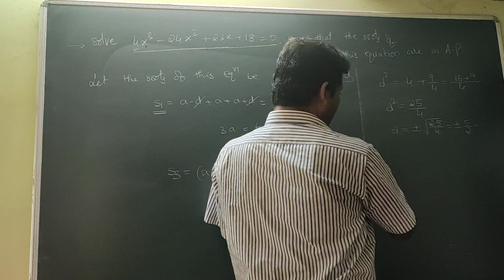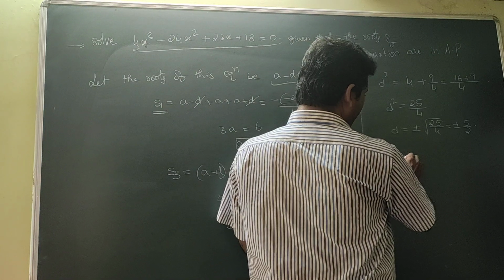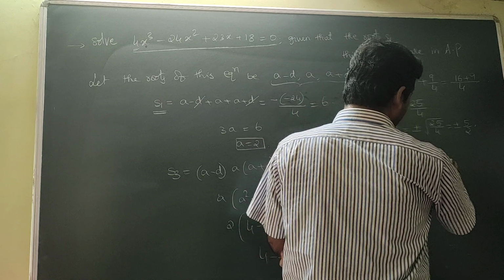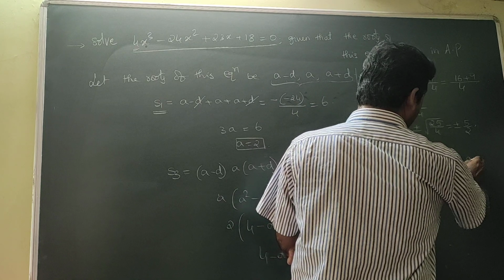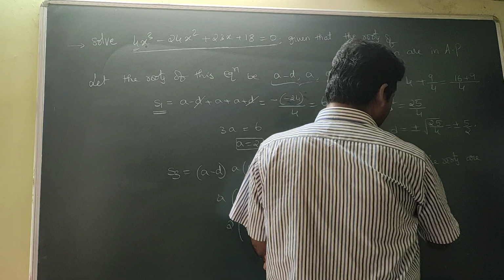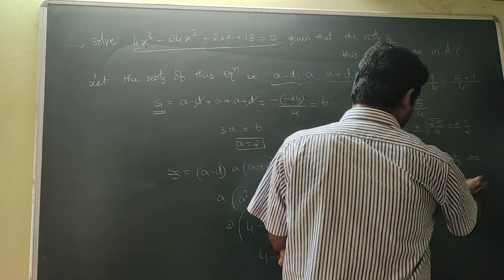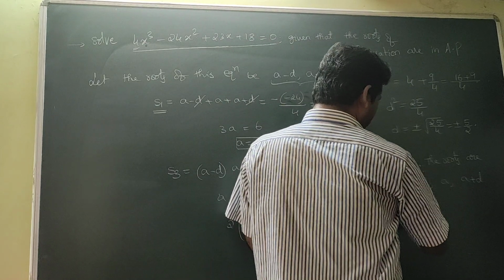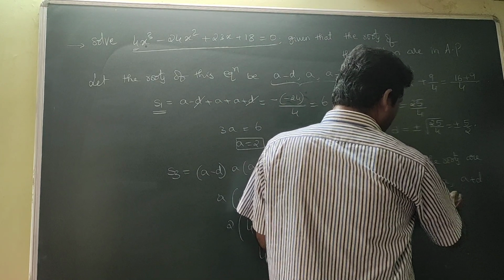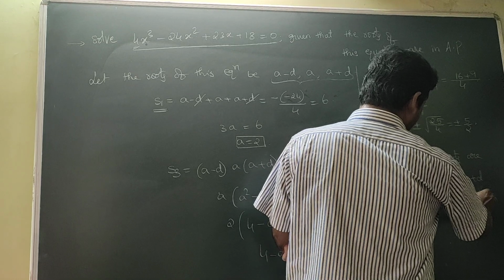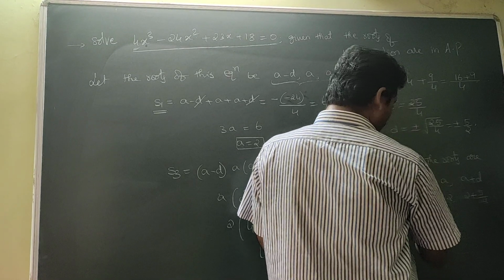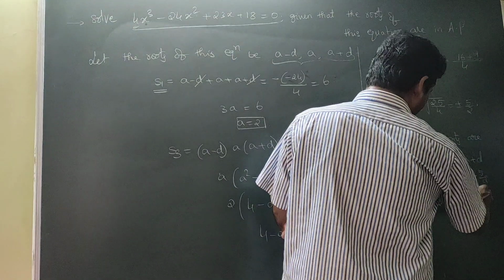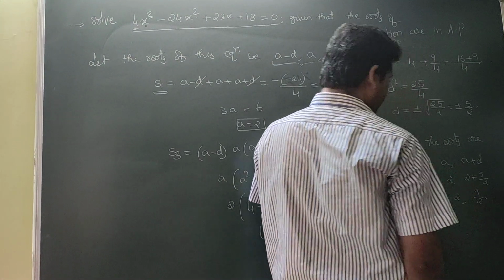If D equal to plus 5 by 2, the roots are A minus D, A, A plus D. What is the A value? 2. 2 minus 5 by 2, 2, 2 plus 5 by 2. 4 minus 5 is minus 1 by 2, comma 2, comma 4 plus 5, 9 by 2.